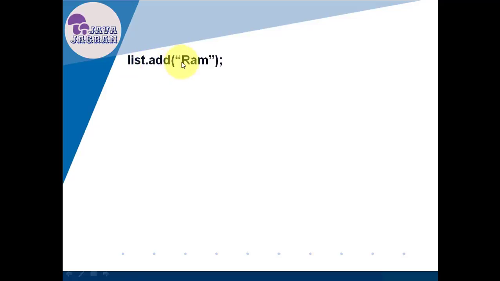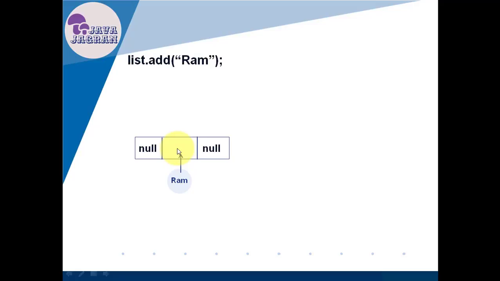On that I call the add method, passing one string object, ram. Internally, the add method simply creates one object of the Node class. In it, previous is null and next is null initially, and the element refers to the object we passed.